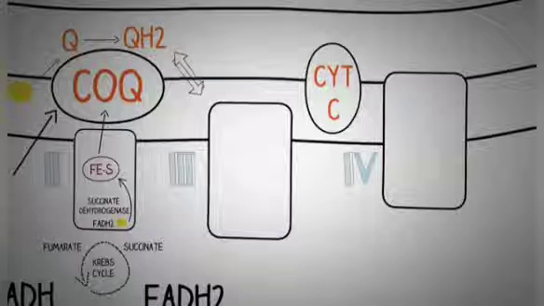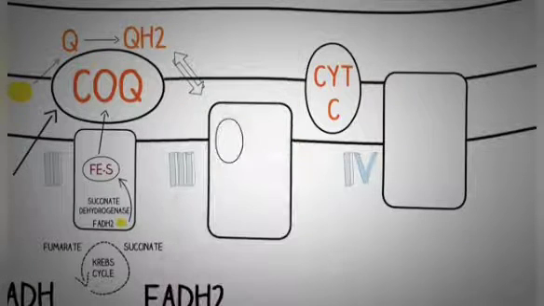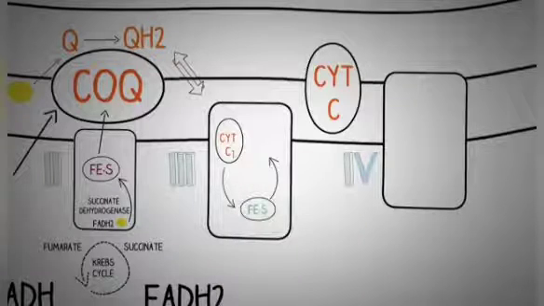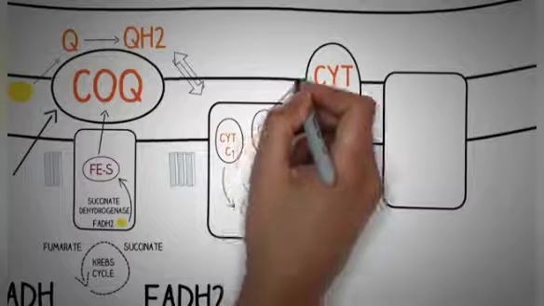The ubiquinol is a freely permeable molecule inside the inner mitochondrial membrane which is used to transfer electrons to the third complex. In the third complex, the electrons are first received by the cytochrome C1. The cytochrome C1 then transfers the electrons to iron sulfur proteins, which then donate the electrons to cytochrome B. These are all redox reactions.